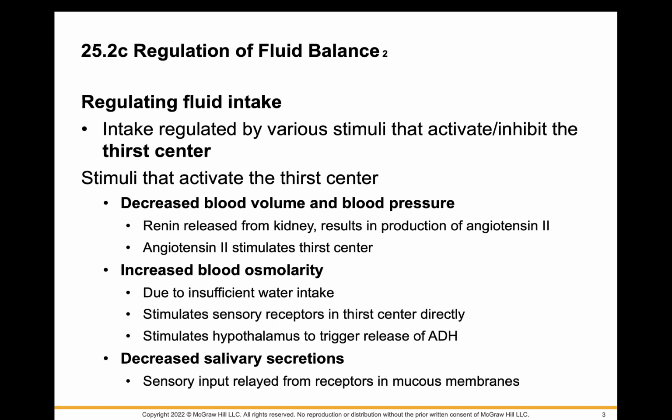This could be due to insufficient water intake. This will directly stimulate the thirst receptors within the brain, and the hypothalamus will be triggered to actually release ADH or antidiuretic hormone. The third and final stimulus that will activate the thirst center is a decrease in salivary secretions.